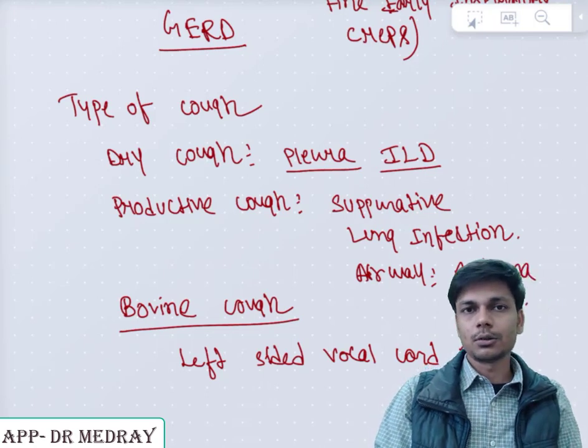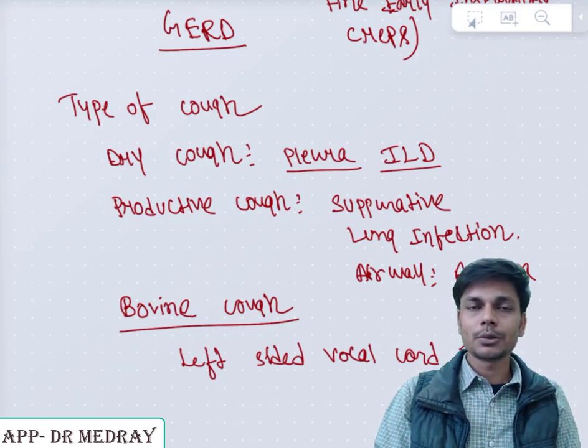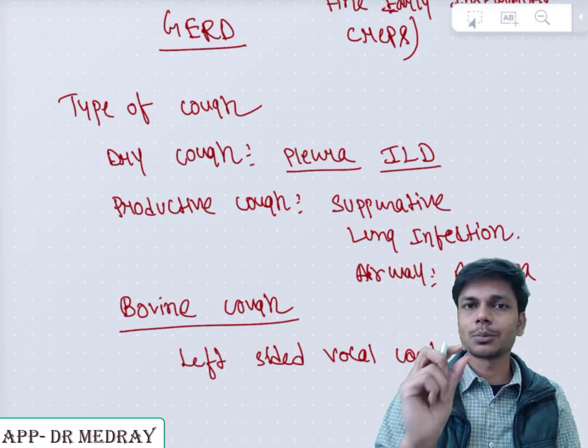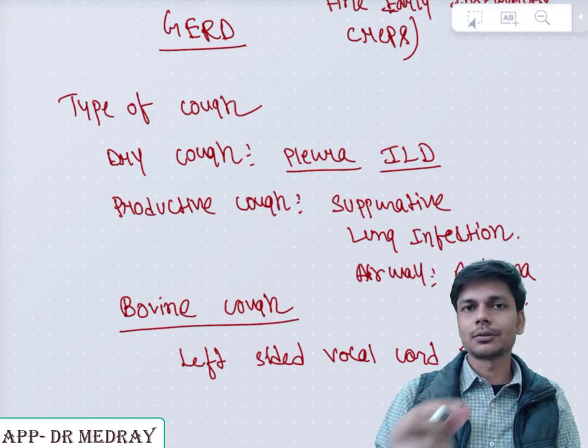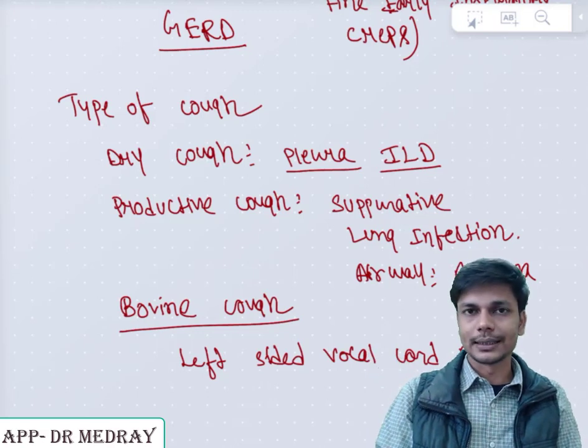So the vocal cord is not closed on one side. So there will be no sudden opening of the vocal cord during expiration because the cord is already open. So it won't produce the characteristic explosive nature, or the initial explosive nature of the cough is lost, and the pitch of the cough throughout the period of the cough is constant.